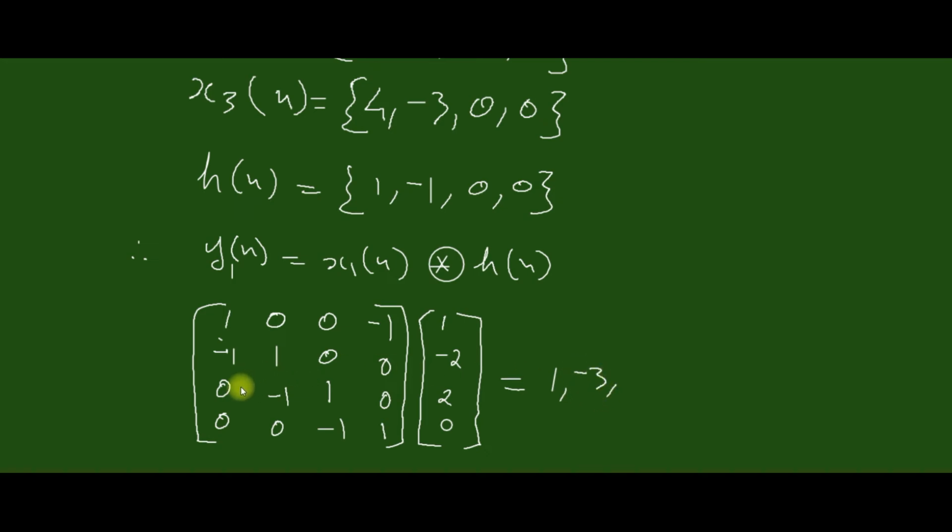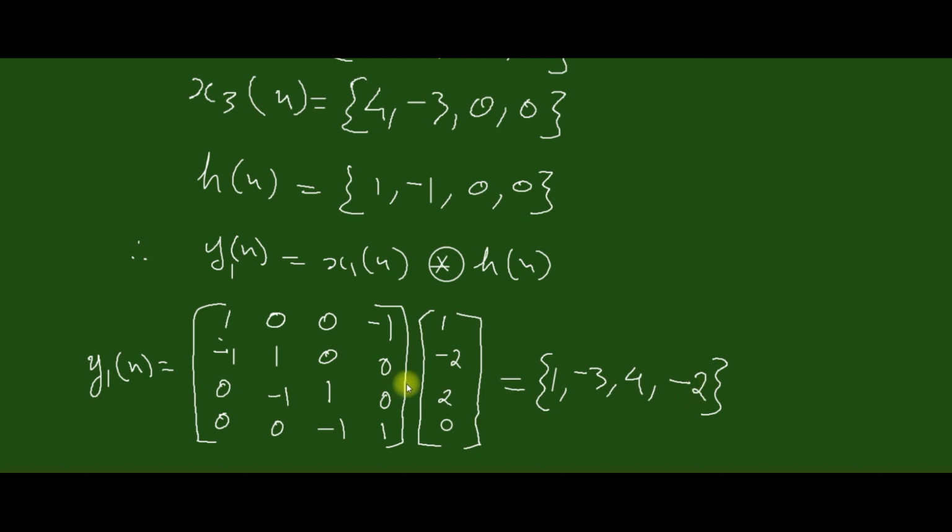Next one is 0, minus 1 into 2 is minus 2, then 1 into this equal to plus 2, and 4 plus 2 plus 2 equal to 4. And the last one is 0, 0, then minus 1 into 2, it will be minus 2. This is y1 of n equal to 1, minus 3, 4, minus 2.